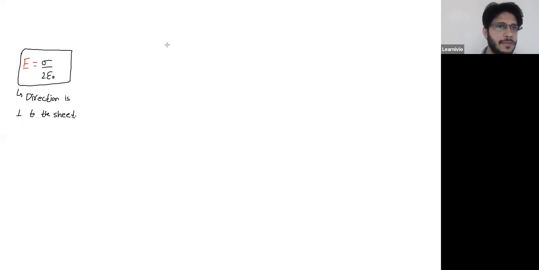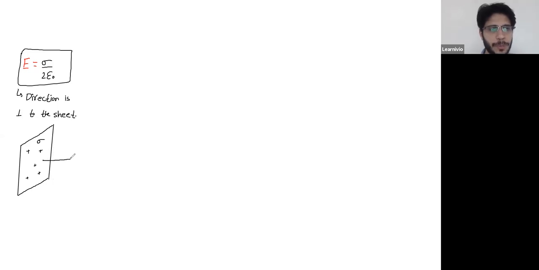So if you have this infinite plane sheet with a charge density of plus sigma, the direction of field due to the sheet is perpendicular to the sheet. So this is the direction of electric field.